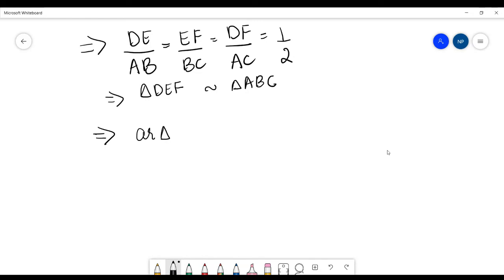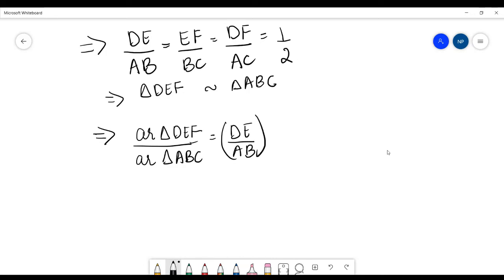That means area of triangle DEF upon area of triangle ABC is equal to the square of the sides in proportion. This we can write as DE upon AB whole square. You can take any side, either DE upon AB, EF upon BC, or DF upon AC. Now DE upon AB is equal to 1 by 2.